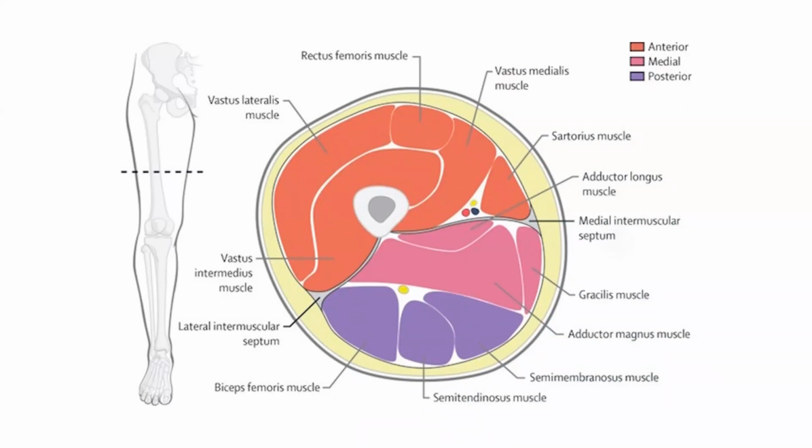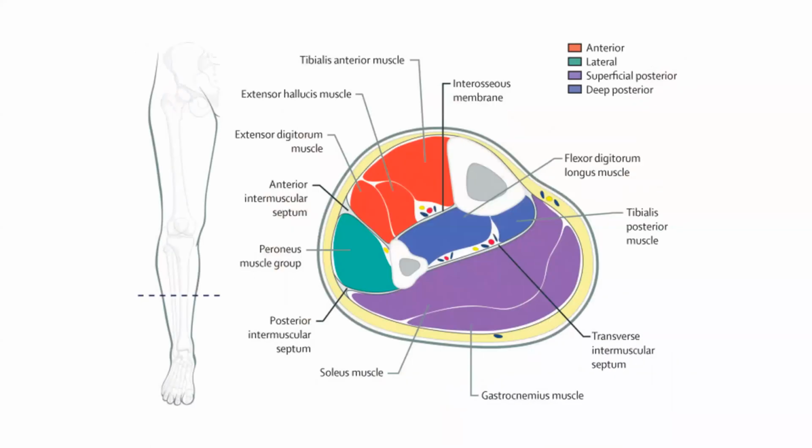It's a completely different story once we get into the lower limb, where we have 4 different compartments: the anterior, lateral, superficial posterior, and deep posterior. There's a lot more places for that to go wrong, but normally when we get compartment syndrome in there, it's behind the gastrocnemius and the soleus muscle. You can have a look at these diagrams in your spare time and go through the individual muscles there. So we'll move on to something else.